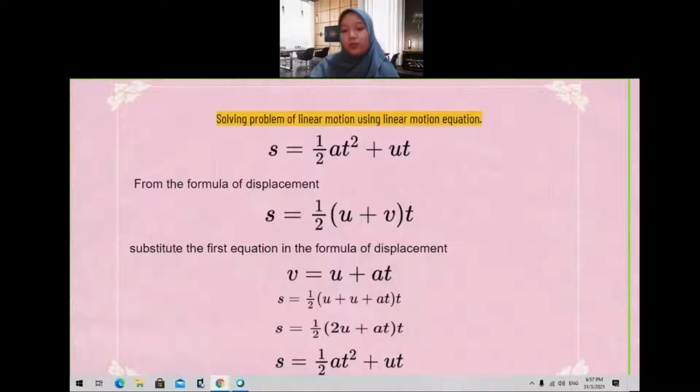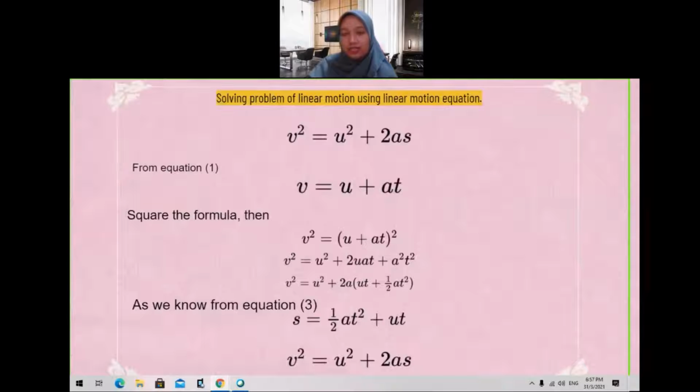The third equation, S equals half AT squared plus UT, comes from the formula of displacement, where we take half (U plus V) times T and substitute V equals U plus AT into the equation of displacement, and you will get S equals half AT squared plus UT. The fourth one is V squared equals U squared plus 2AS.